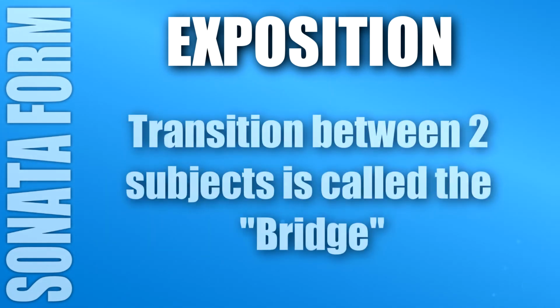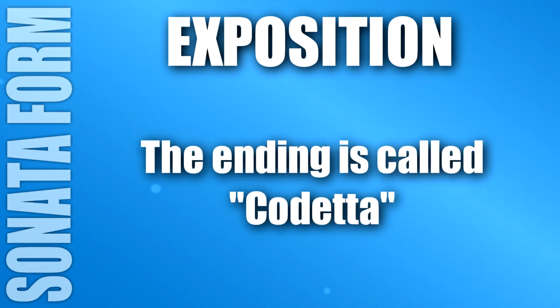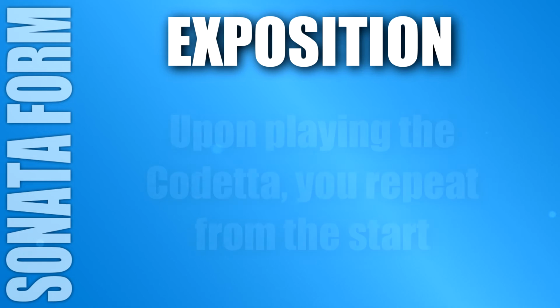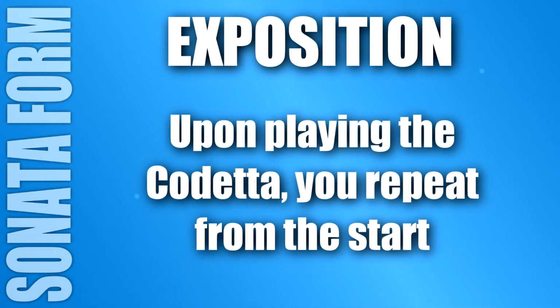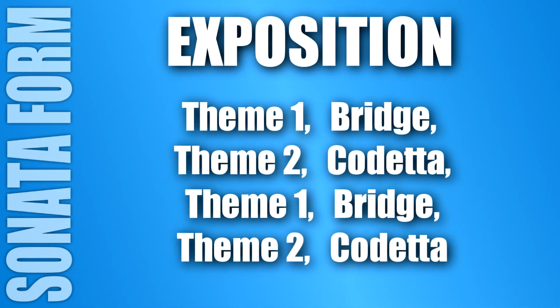There is a transition between these two sections called a bridge, and the ending of the exposition is called a codetta. Codetta can be only a few bars in length, but when you play that, you then have to go back to the start and repeat. So the whole structure of an exposition will be theme 1, bridge, theme 2, codetta, theme 1, bridge, theme 2, codetta.